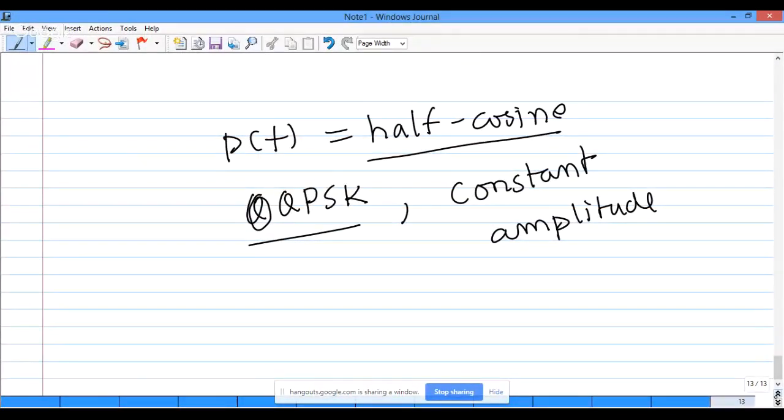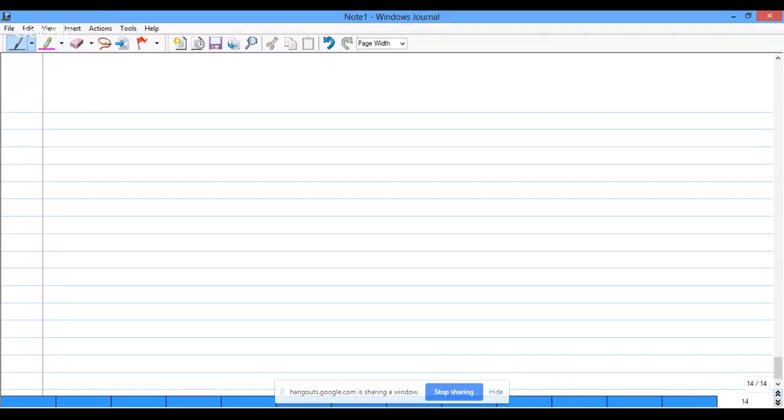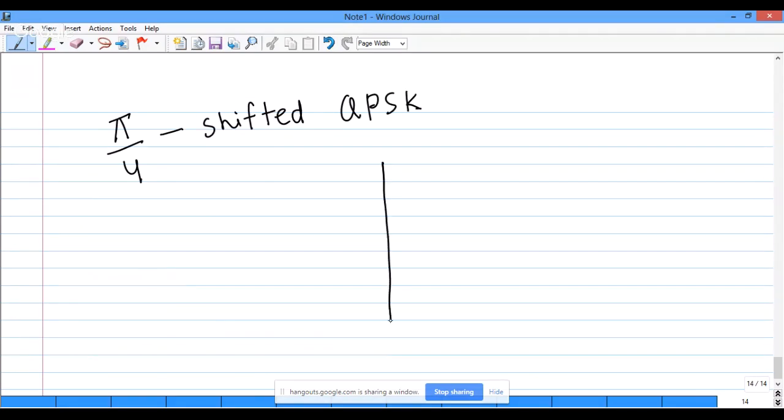Because this question on offset QPSK is asked, I would also like to talk about pi by 4 shifted QPSK.